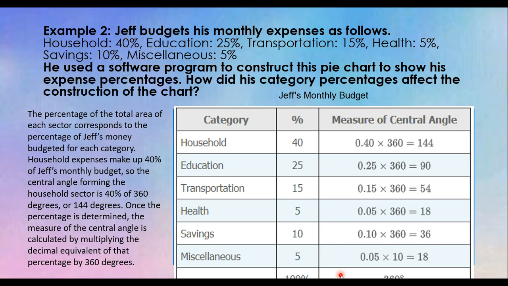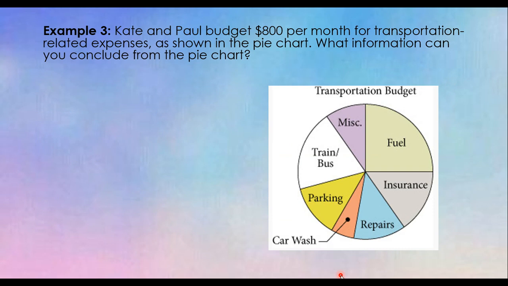But sometimes we want to make some inferences based upon looking at and maybe comparing other people's budget charts with ours. So Kate and Paul budget $800 a month just for transportation. And that's shown below in the pie chart. So that is an awful lot. But again, remember, this is two people for transportation.